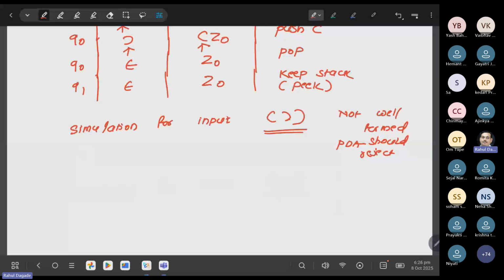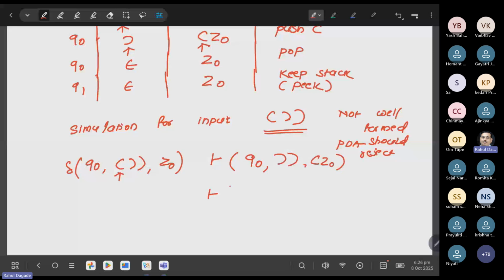So how will we show this? We'll show it like this. Delta, we are in the q0 state, input is opening parenthesis, closing parenthesis, and then closing parenthesis, and the stack contains z0. Right now we have an opening parenthesis and the stack is z0, so we push it onto the stack. The remaining input is this, and the stack is c z0.